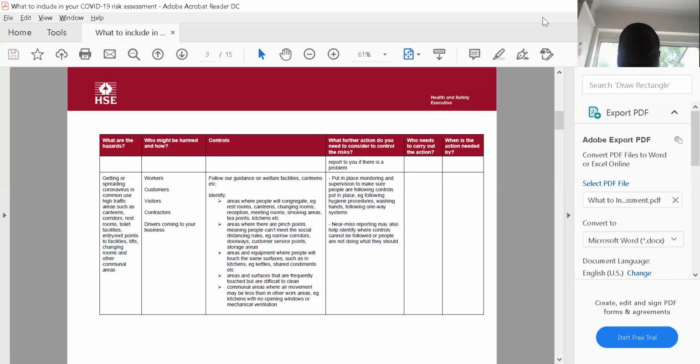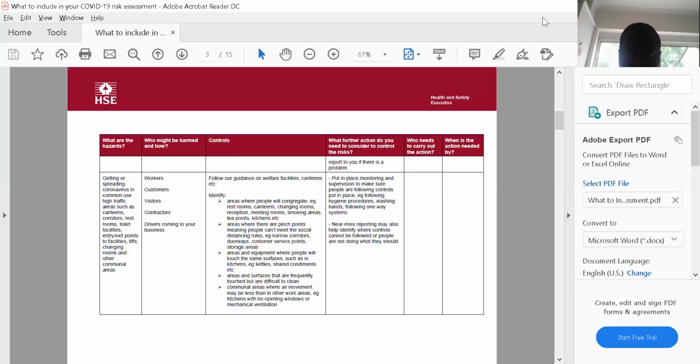It talks about in this document as well about pinch points. And it explains what that means, where people cannot, I guess, that easily meet social distancing rules. So at least you can identify those. You know that you now need to think about identifying those areas.